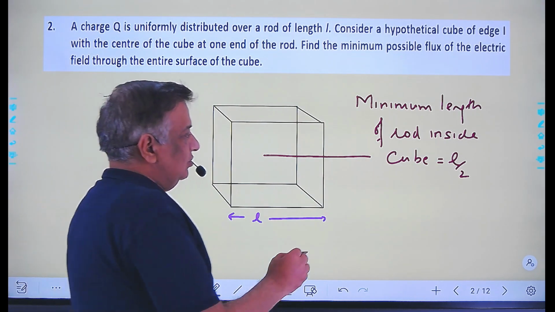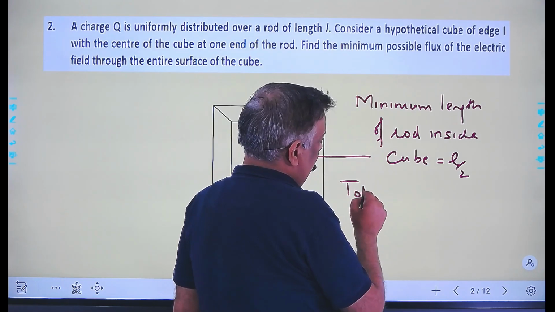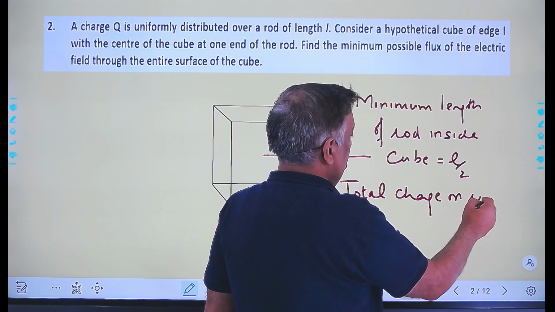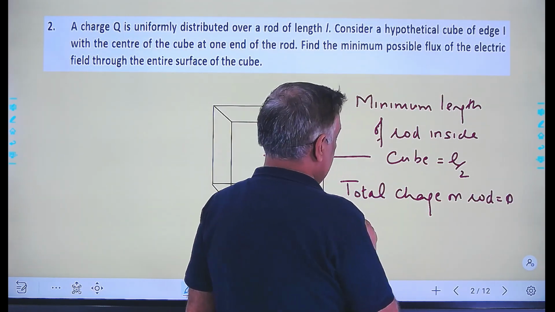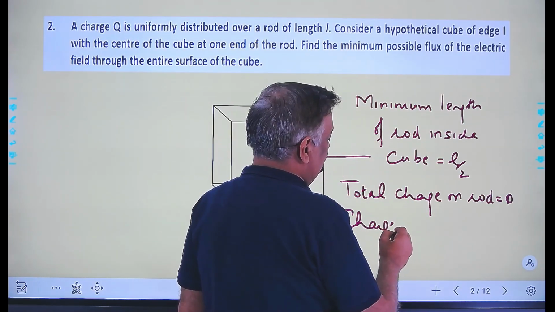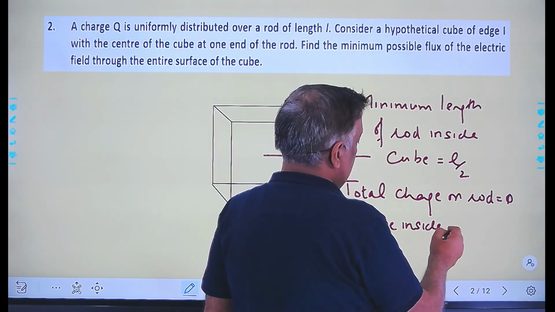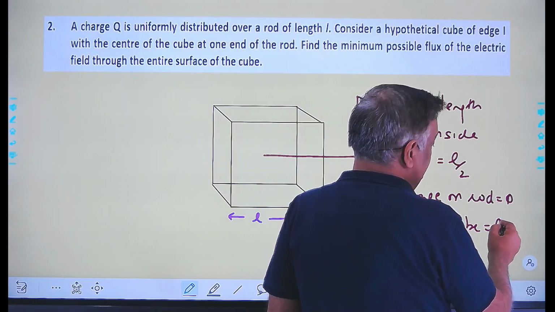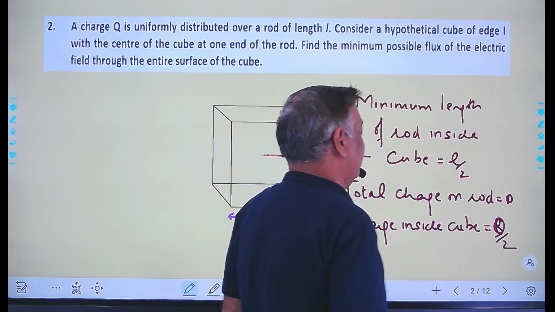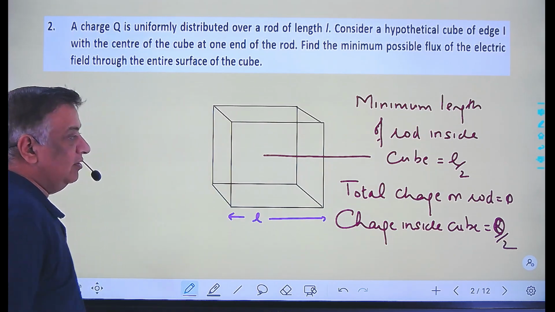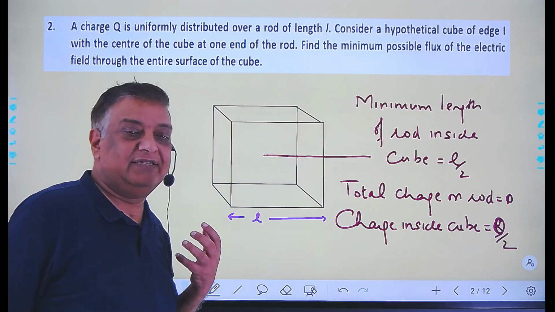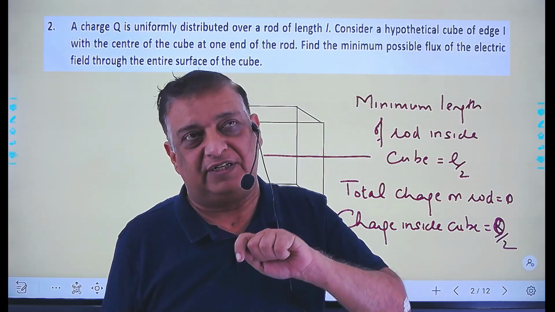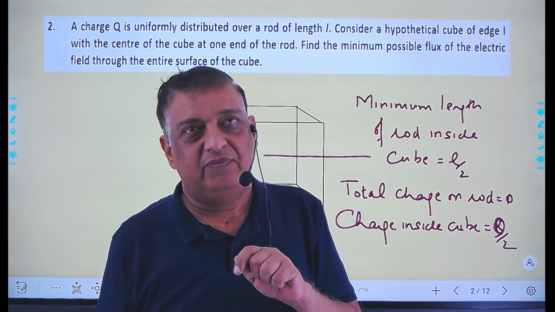Total charge is Q. Charge inside cube is half of it. मतलब अगर पूरी rod पे Q है तो half rod पे it's Q by 2. The key concept is that Gauss law says the flux depends only on the charge inside the Gaussian surface or inside the closed surface.